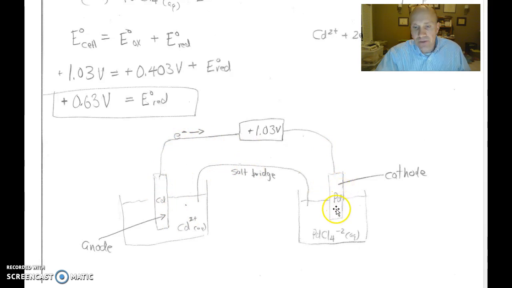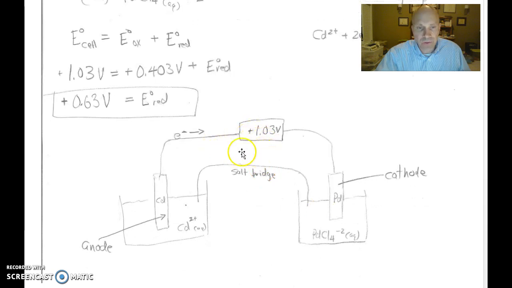One interesting thing is that it's arguable whether palladium is an inert electrode here. Normally, when we talked about inert electrodes, we said palladium is one of the common electrodes. But notice that you're actually going to be plating palladium atoms on this, because that's what happens when this material right here gets reduced.